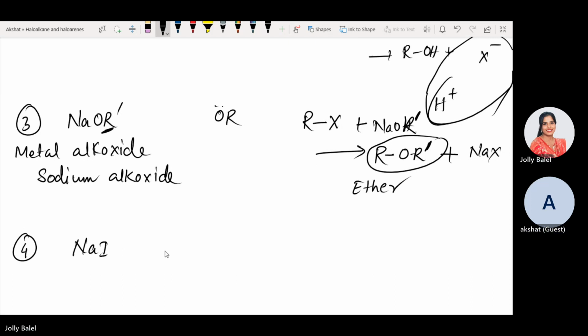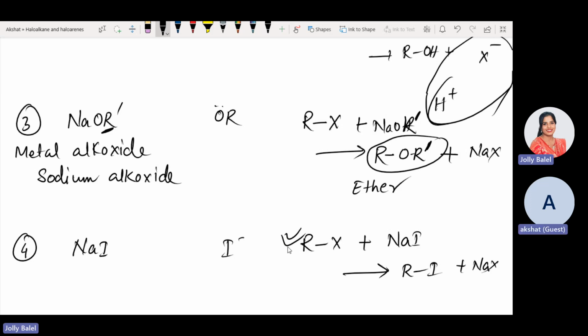Next, NaI, sodium iodide. So your nucleophile will be I minus. So RX plus NaI will give you RI plus NaX.